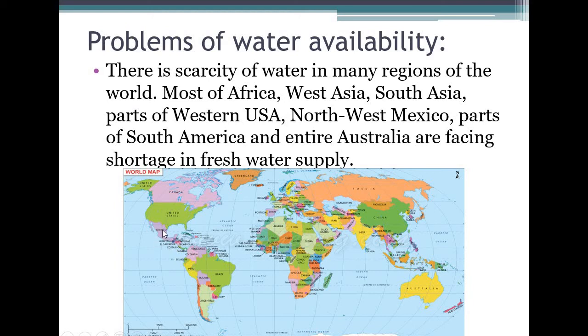The Northwest Mexico is also facing the problem of water supply. And then parts of South America. This South America also faces the problem of fresh water supply, and then entire Australia. So these are some of the places in the world which are facing the problem of fresh water supply.